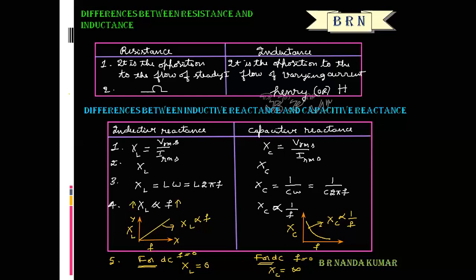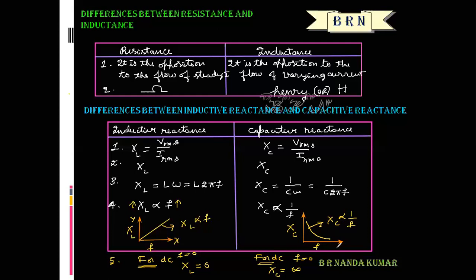How does the inductive reactance depend on the frequency of applied AC voltage? It is directly proportional, but the capacitive reactance is inversely proportional to the frequency of applied AC voltage. So if the frequency gradually increases, the capacitive reactance gradually decreases.